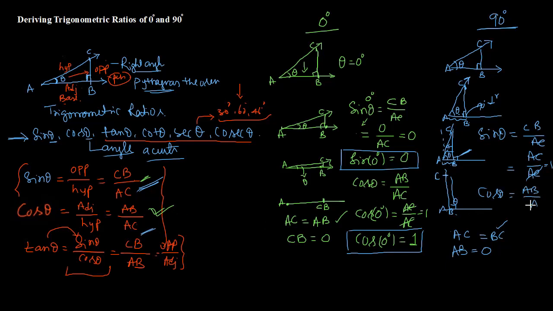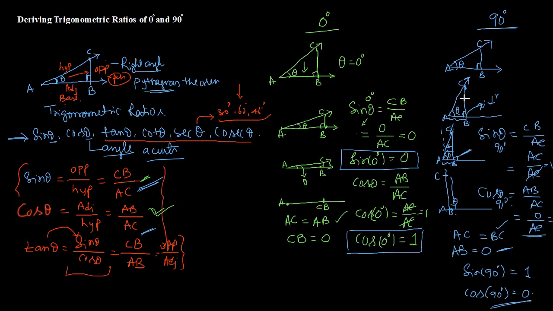Now AB is 0, so 0 by AC. It doesn't matter whatever value we take for AC, that's going to be 0. So this is 90, and that is 90. So sin 90 is actually going to be 1, and cos 90 is actually going to be 0.